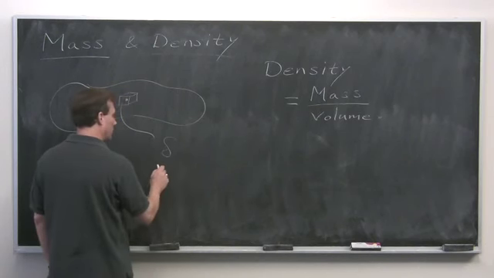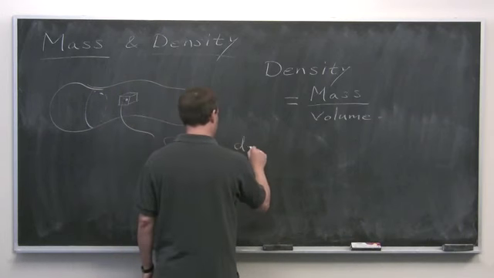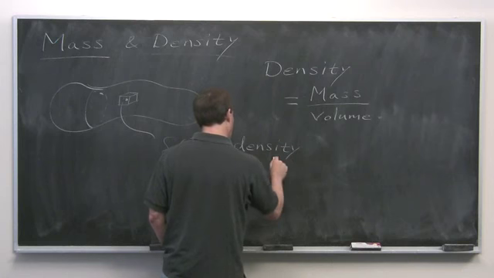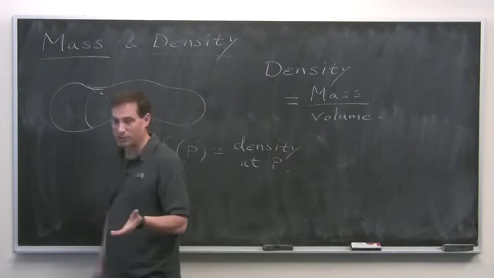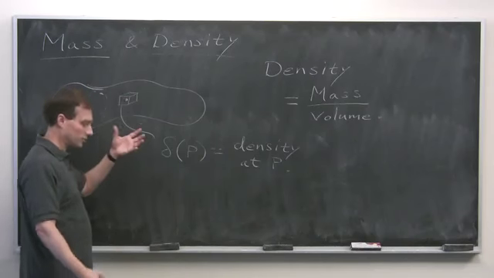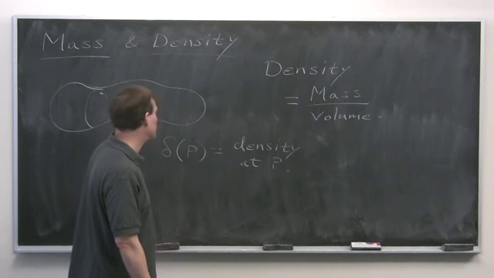We like to use lowercase delta for density: delta of P, the density at P. And it's defined by a limiting process, as you might expect, but it's a multivariable limit because there are 3 dimensions getting small. But hopefully that's intuitively clear.